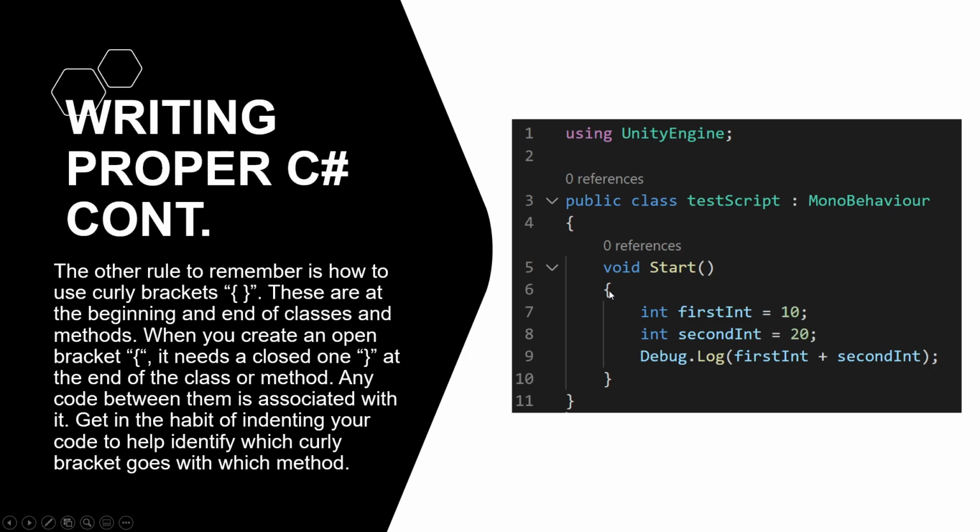When we start writing the lines of code for the start method, those are also indented. And we make sure that we have these nice lines. We're checking those to make sure that these have a pair. So here's our open, it's paired with this one, and this open is paired with this one. So be very careful about your curly brackets. It's very easy to accidentally delete one, especially the closed one, and it can cause some errors in your code.